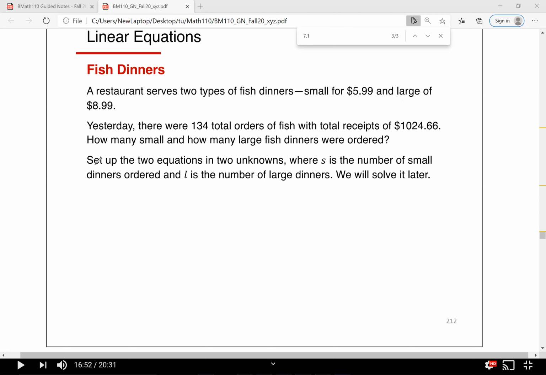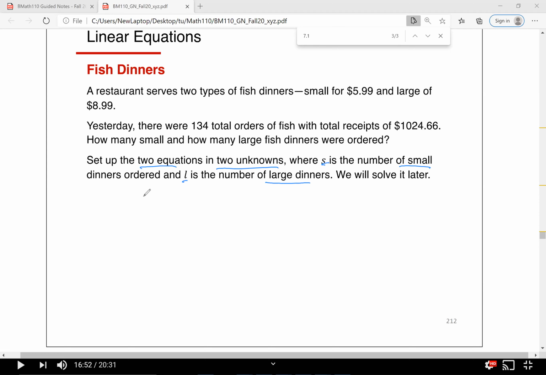We need to set up two equations in two unknowns, where S is the number of small dinners and L is the number of large dinners.